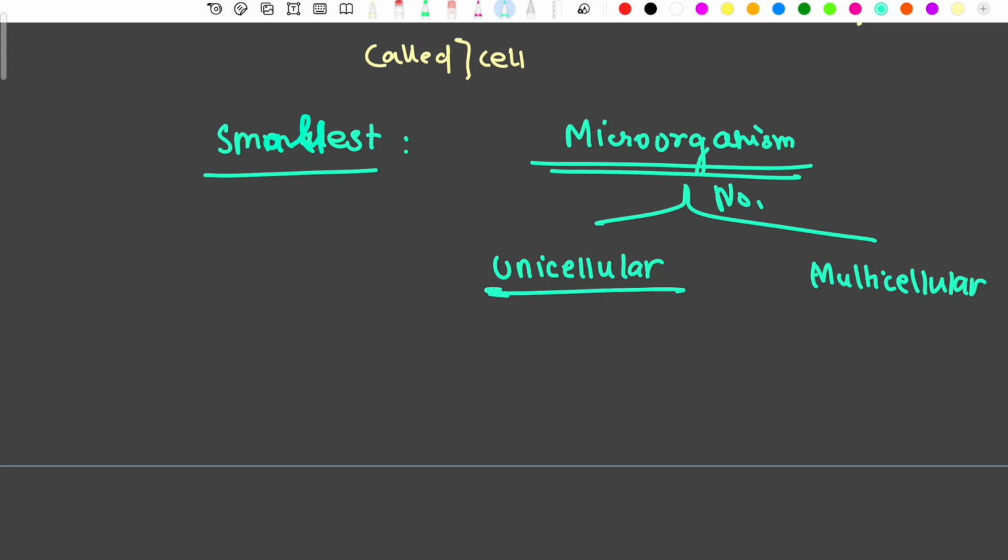If I talk about the unicellular, it is made up of only one cell. It is so small, so micro, that it can only be seen through a microscope. And if an organism is made up of only one cell, then how small the cell must be, as it is the smallest one.